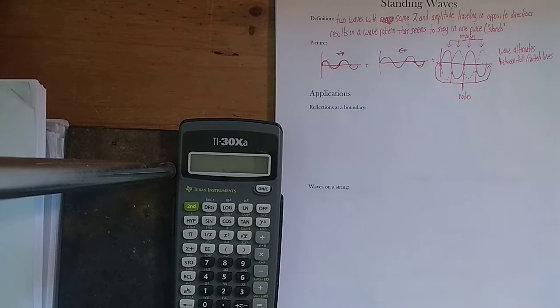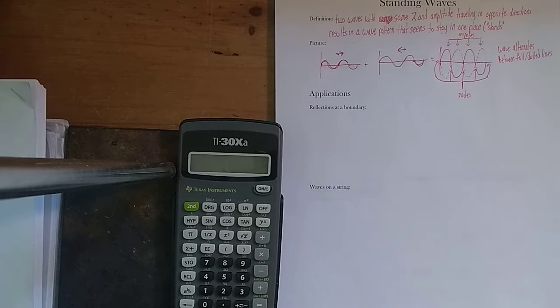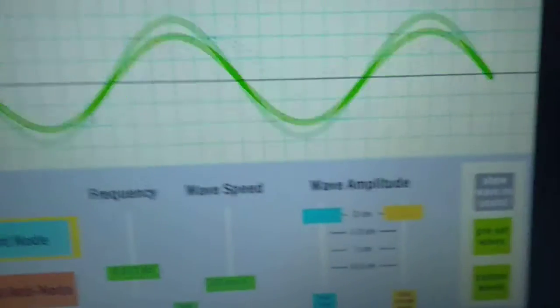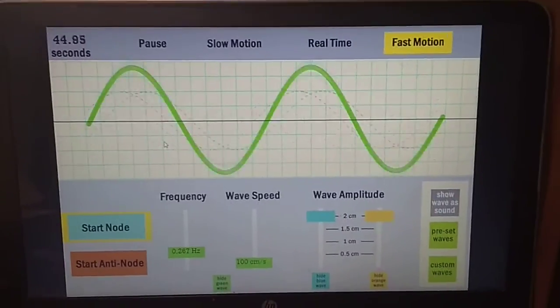Okay? So, standing waves are fun to look at, but we want to talk about the applications. Before we can get to things like waves on a string and predicting what frequencies standing waves will be set up at, because it's not every frequency that gets a standing wave set up at it. Matter of fact, here I'll show you. If I just do a random frequency, okay, so that has a standing wave set up in it.